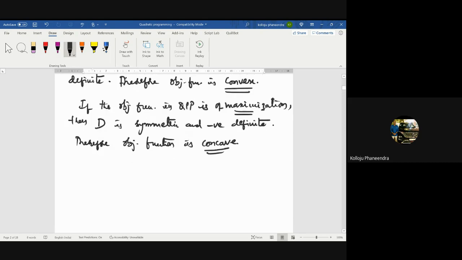Now the next one is, this is introduction of the quadratic programming. Now how to solve it? To solve this one, Kuhn-Tucker conditions. Kuhn-Tucker conditions for quadratic programming problem.